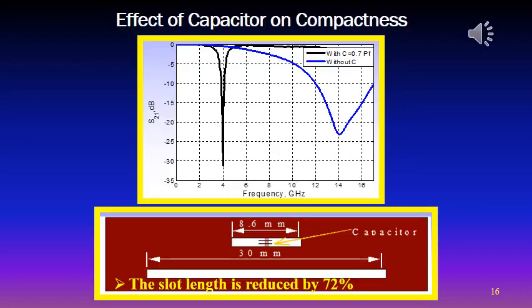As I mentioned, a lumped capacitor can be integrated with the defected ground structure slot to reduce the size by around 70% and improve the quality factor. By adding a lumped capacitor of 0.7 picofarad, for example, the operating frequency and size are reduced by 70%.